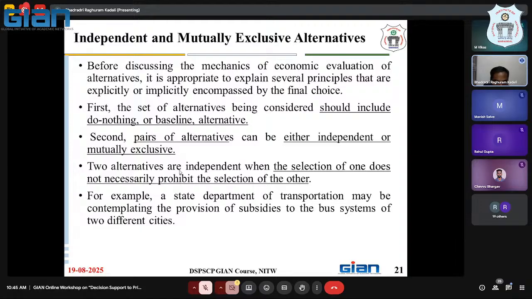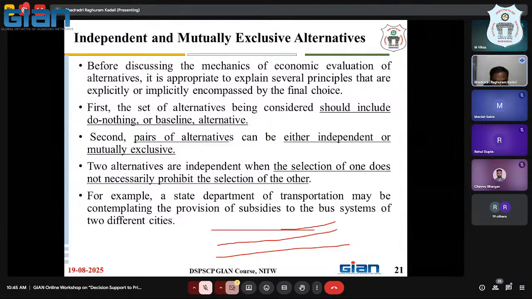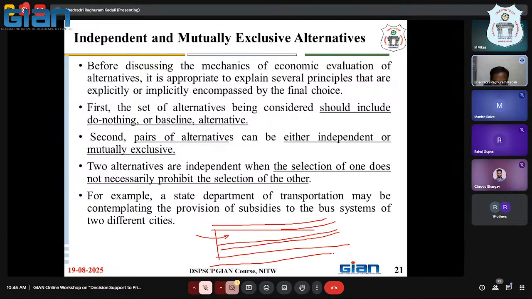Sometimes when you're doing this process, there's another kind of problem. Some projects might have subsidies and some might not. When you are looking at just the improvement of a project, like strengthening, you don't have any subsidy. But when you are constructing a new lane or widening the road to a four-lane divided roadway, then you might have some kind of subsidy in the project.